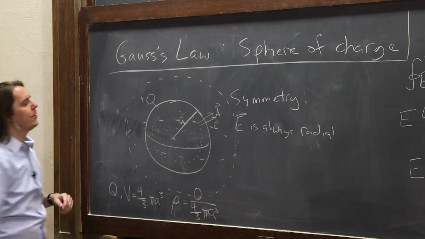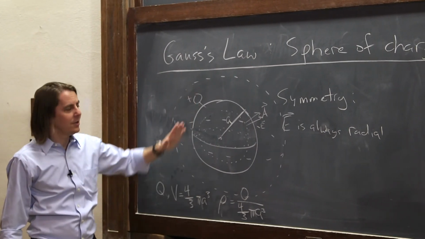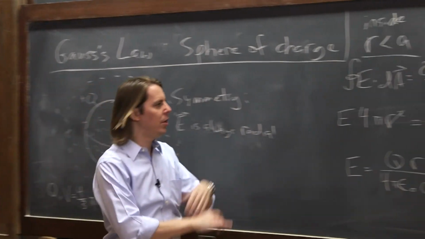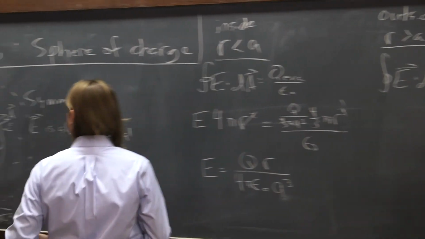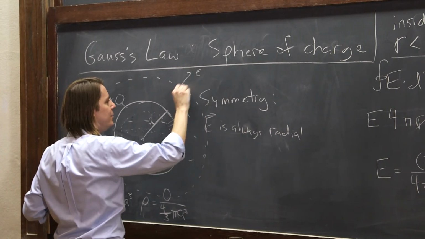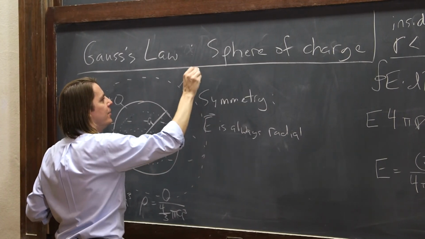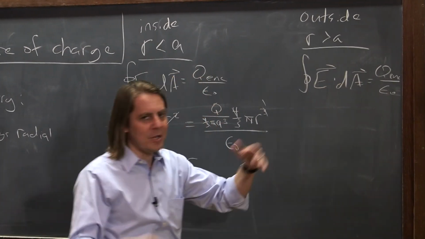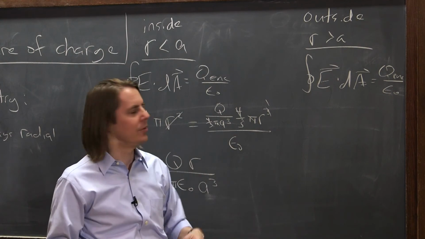It's centered on the origin. It has a constant radius r, but it's outside. Well, all the arguments are the same. The E field has to be along the radial direction. A has to be along the radial direction because it's a sphere. They're the same direction. The dot product goes away. The E field has to be constant because it's all at the same radius around the sphere.